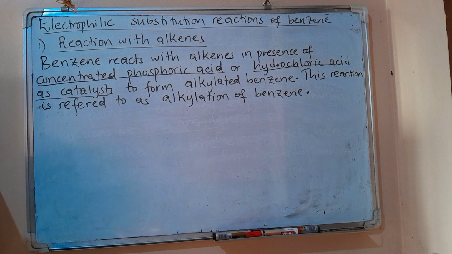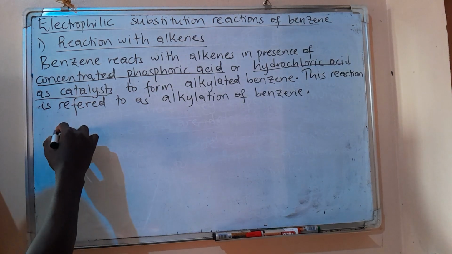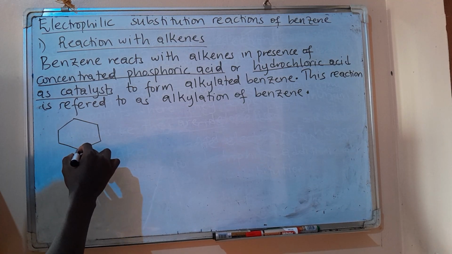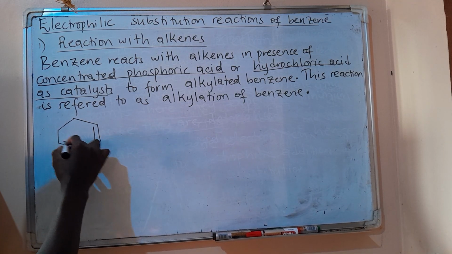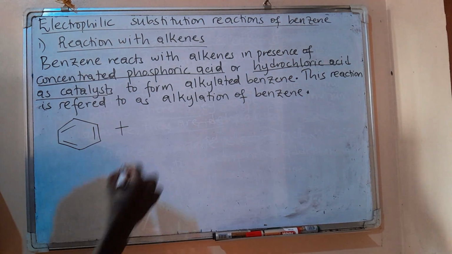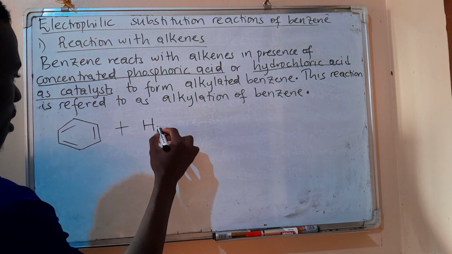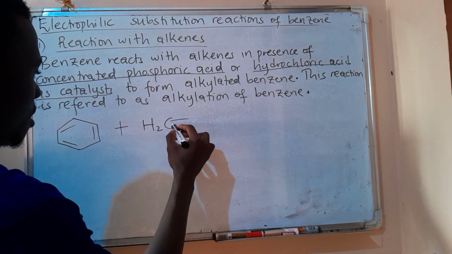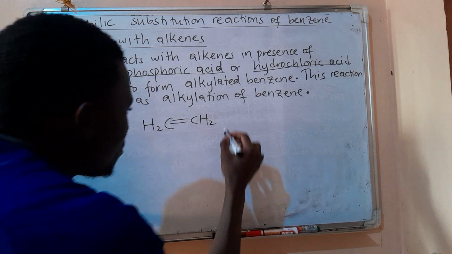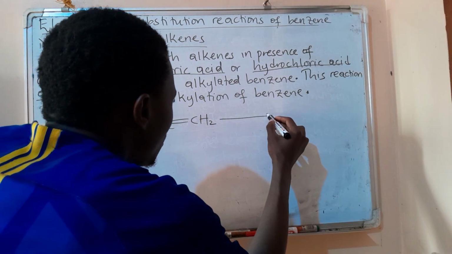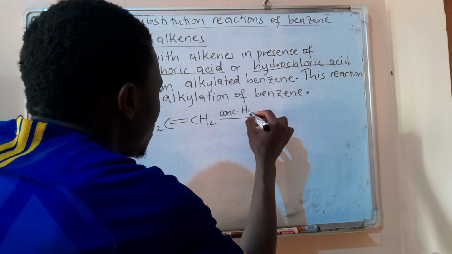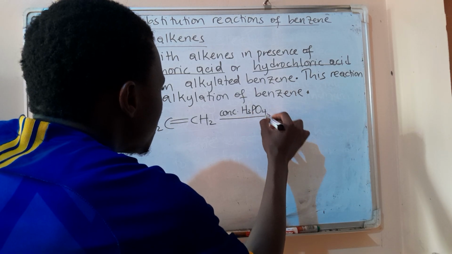So I give some few examples. We have benzene plus an alkene, say ethene, in the presence of concentrated phosphoric acid.